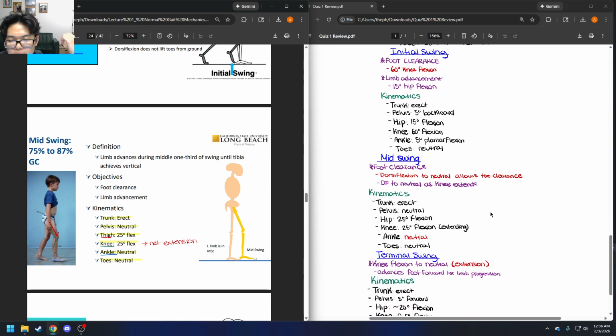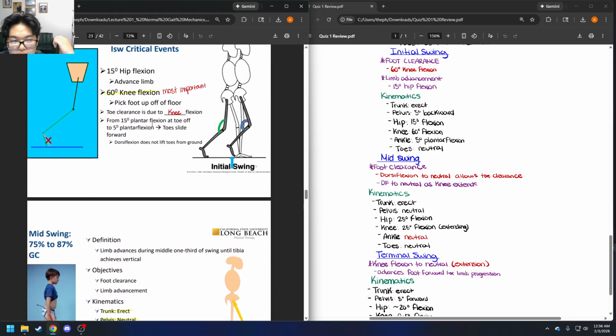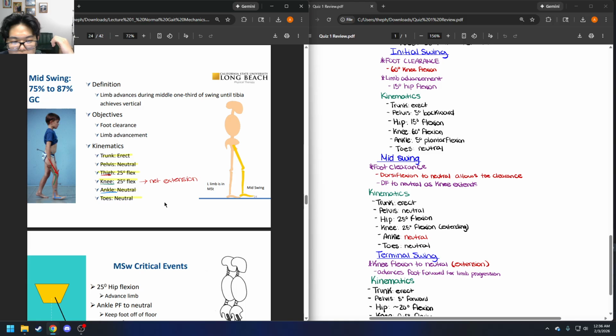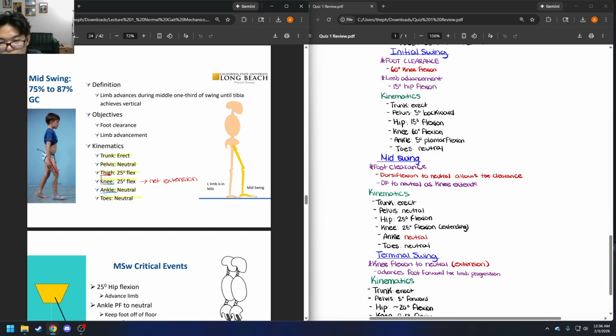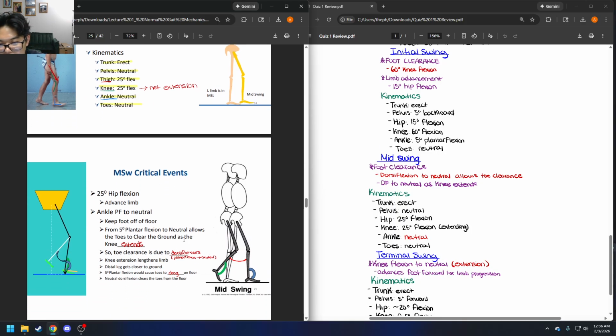Going to mid-swing, we still have that foot clearance. However, instead of the 60 degrees knee flexion, we're now into the mid-swing section where you'll have dorsiflexors activating. Now, notice how I said dorsiflexors, because our ankle will not be in dorsiflexion. Our ankle will be going from plantar flexion all the way back to neutral. However, in order to get from plantar flexion to neutral, our dorsiflexors have to activate.